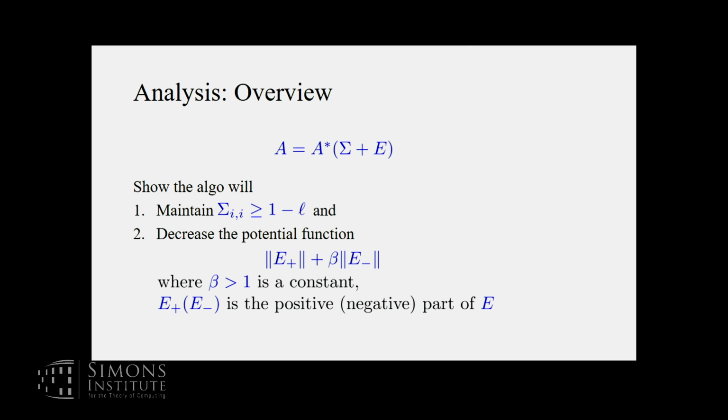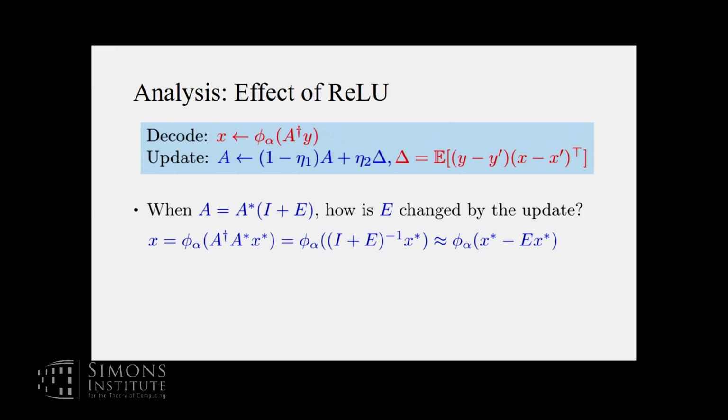To be more specific, let's first look at the decoding. Let's simplify things by assuming that the sigma matrix is just the identity, because we always keep it close to 1. Under this assumption, let's see how the error matrix is changed by the update rule.